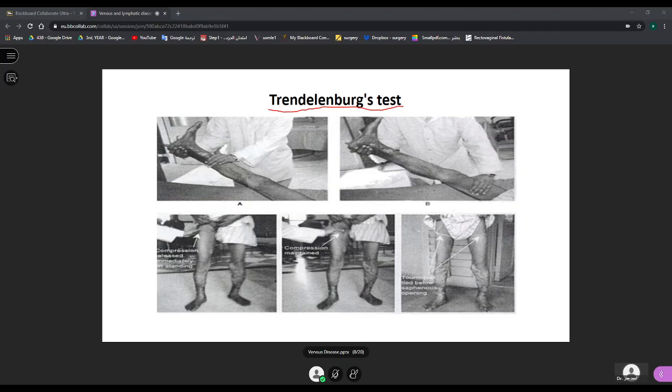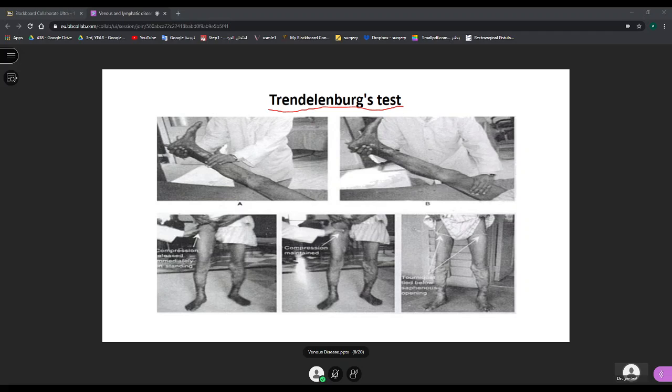So he empties the lower limb like that, and then he occludes the saphenofemoral junction and asks the patient to stand. Now, if the patient did not develop varicosities while the doctor is occluding the junction like that, that means the perforators lie at this level. Okay.